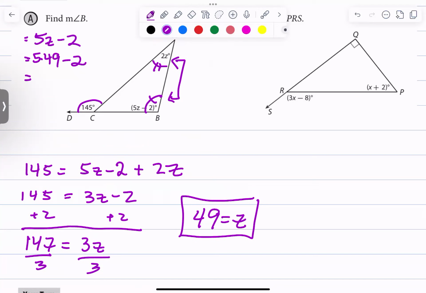That would be 245 minus 2, which is 243. Okay.